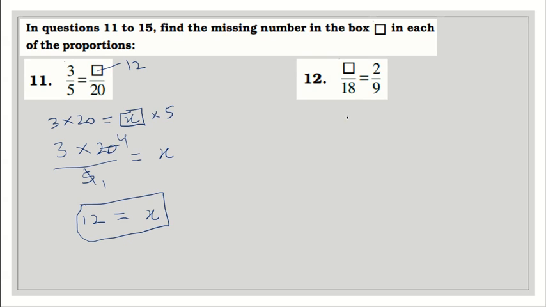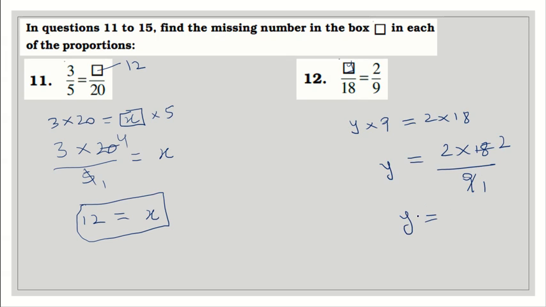That means if I assume this missing number as y, then y into 9 is equal to 2 into 18, and 9 on transposing does division on the other side of equality. So y is equal to 2 into 18 upon 9. 9 ones are 9, 9 twos are 18. So the y value is 2 twos 4. So I can fill this box with the number 4.